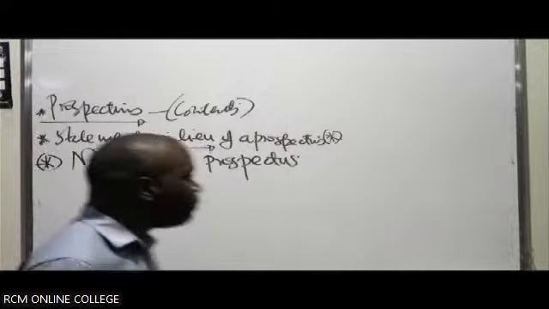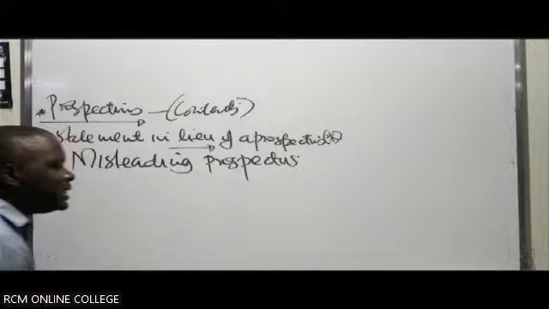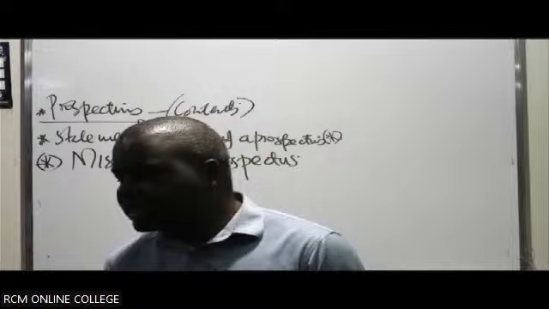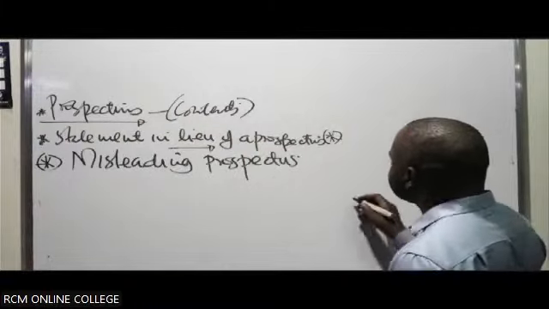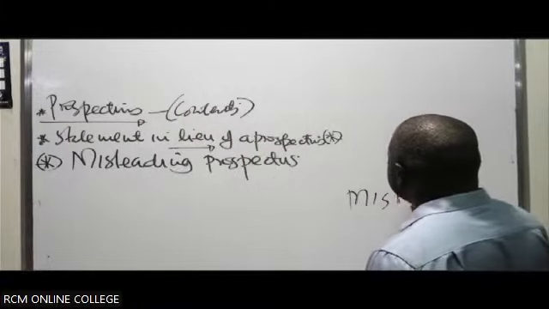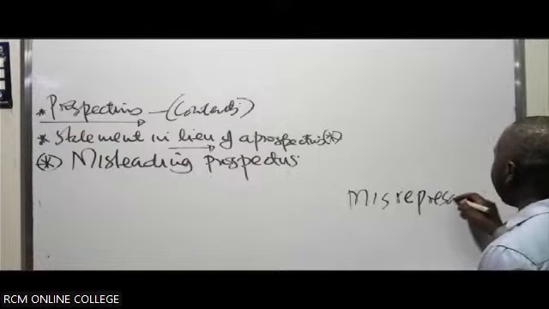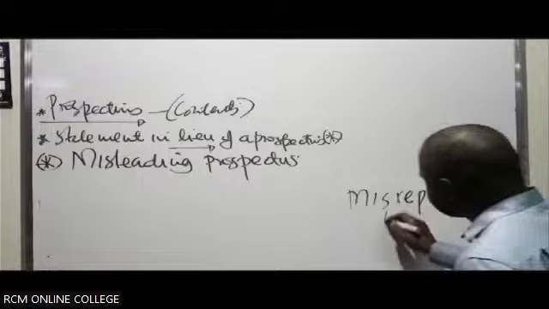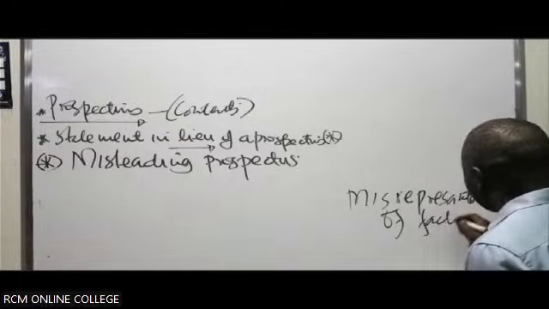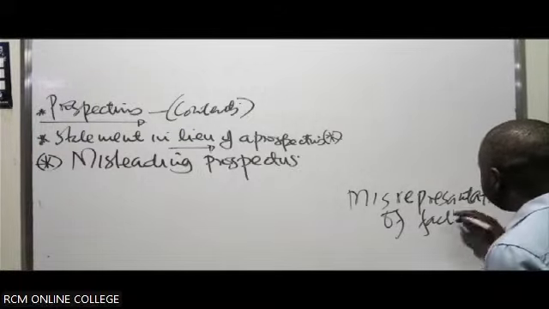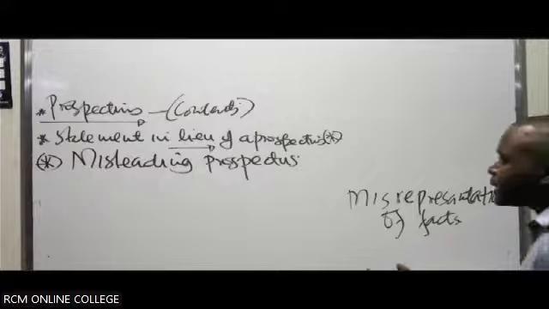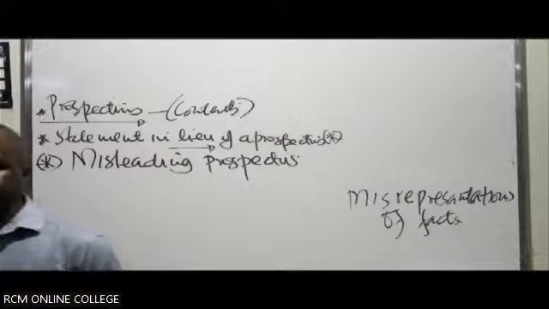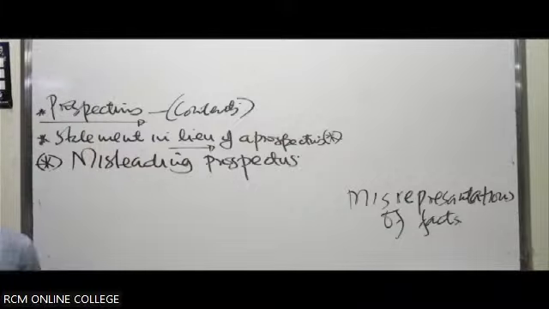So when you talk about a misleading prospectus, it is a prospectus that contains misrepresentation of facts. What is contained there is not true. Remember, this particular prospectus is what forms the basis of agreement or contract between an investor, a shareholder, and the company.